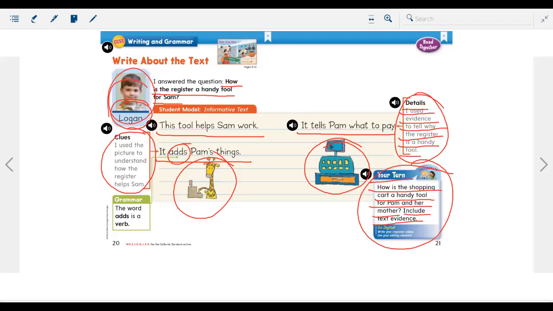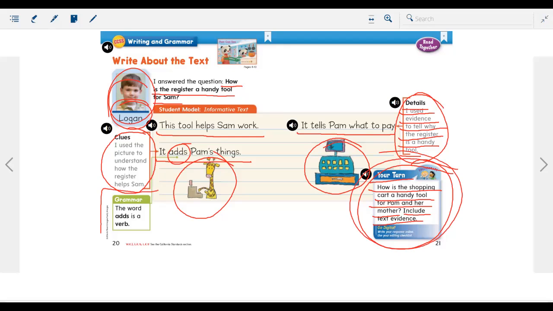You look at the picture and see what it is doing to help Pam and her mother. When you go shopping with your mom, do you use a shopping cart? All right, well, think of how it is a handy tool for you when you go shopping. What do we use a shopping cart for? We use a shopping cart to put things in. So it's a very handy tool. You can write about it on a piece of paper, just like Logan did.